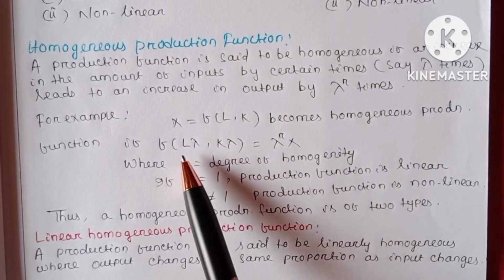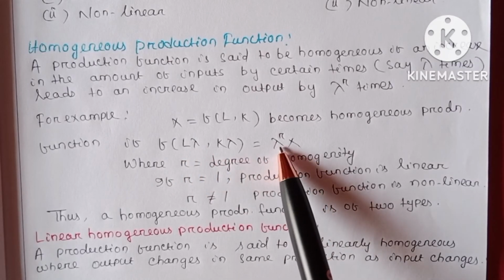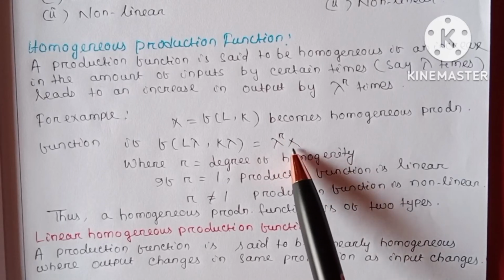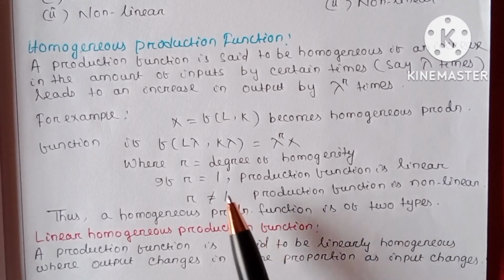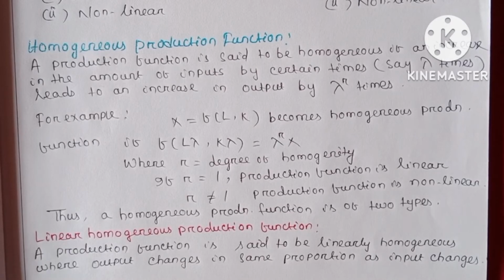So your function becomes f(λL, λK), which equals lambda to the power r times X. If r equals 1, then the production function is linear homogeneous, because it depends on the degree of homogeneity, the value of r.